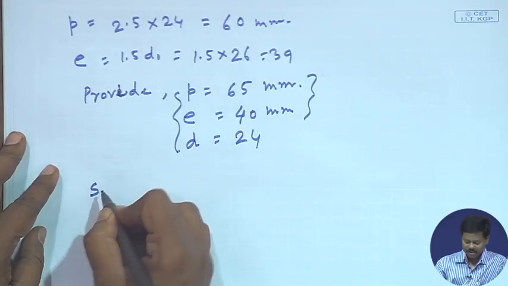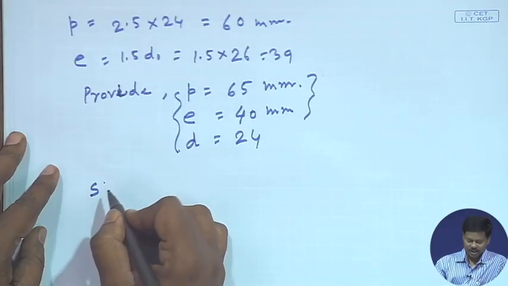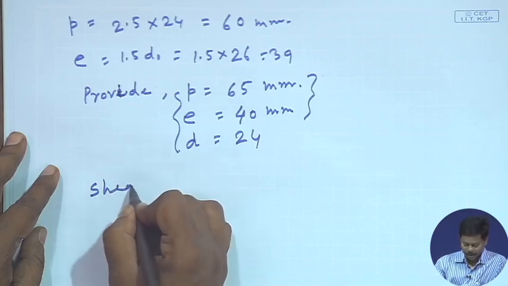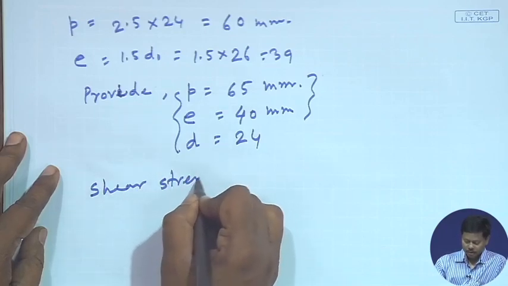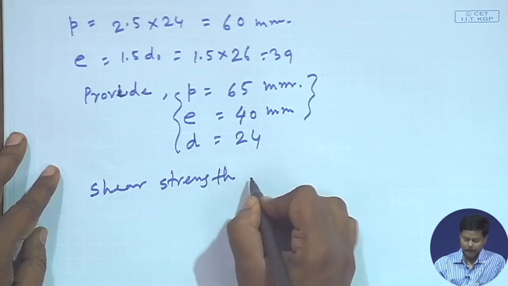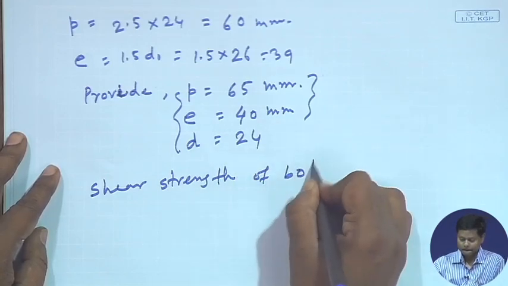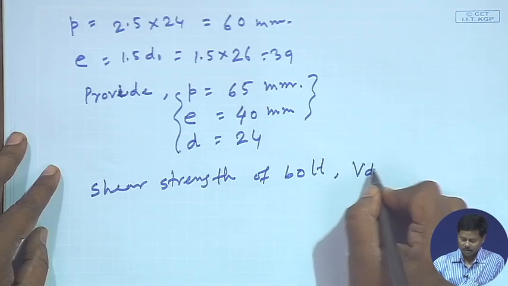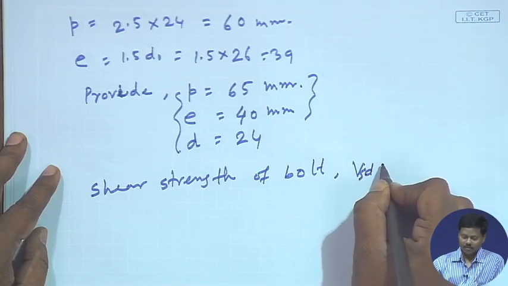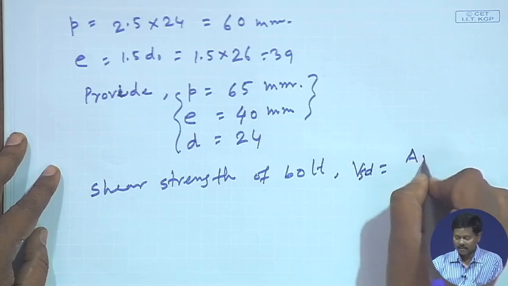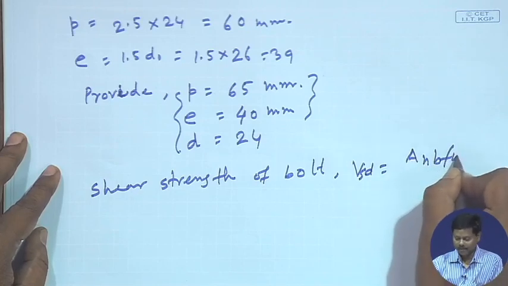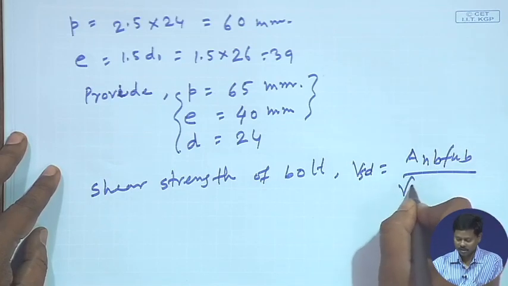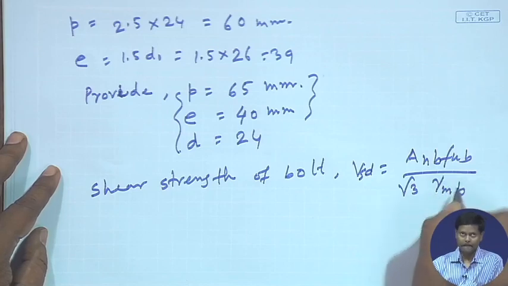Now, strength of bolt in single shear. The shear strength VSD we can find out as ANB into FUB by root 3 gamma MB, right.